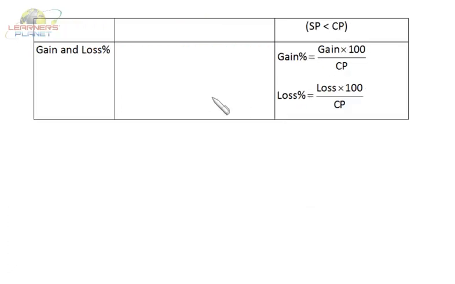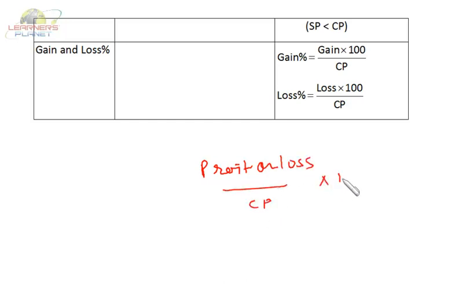Friends, gain and loss percent is gain or loss into 100 by CP. That means profit or loss percentage is always calculated on cost price. Okay, that means profit or loss by CP into 100 is profit or loss percent.